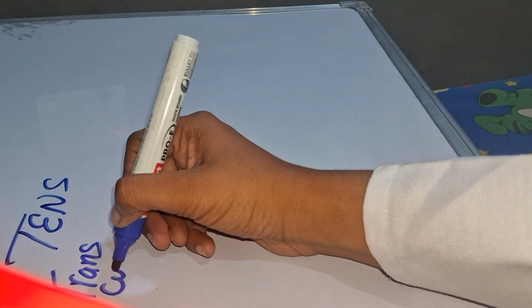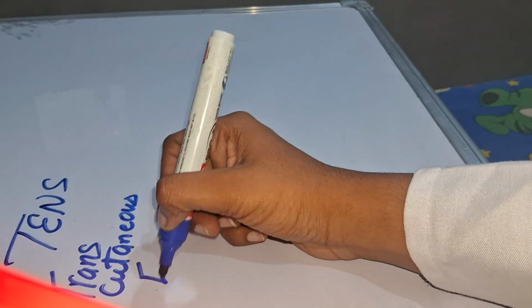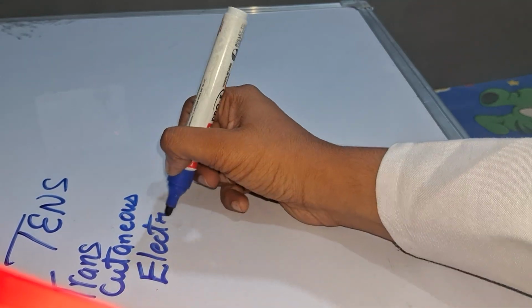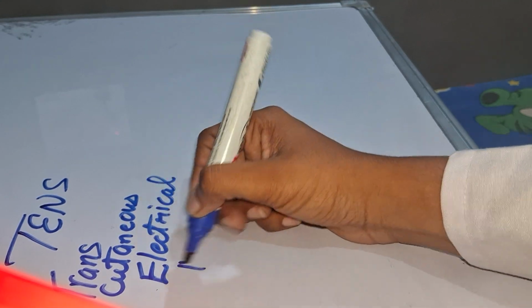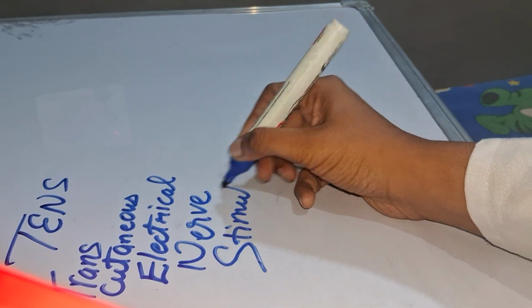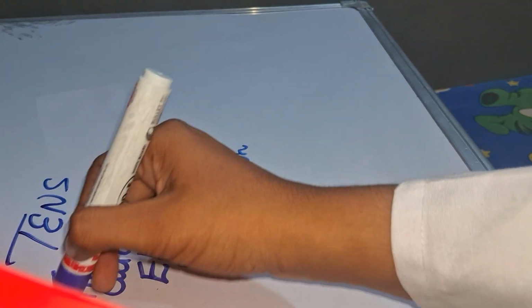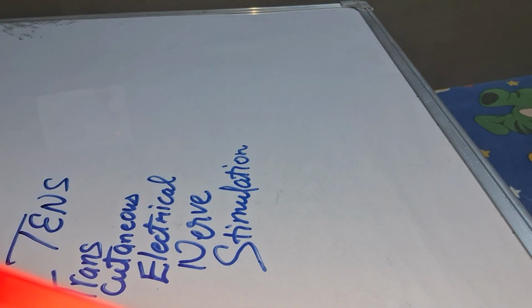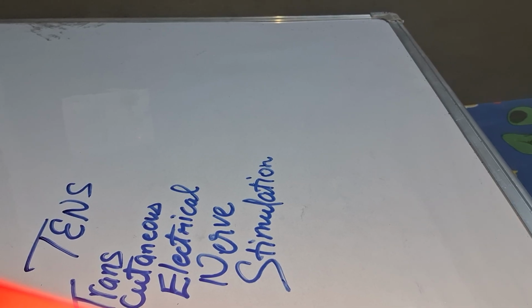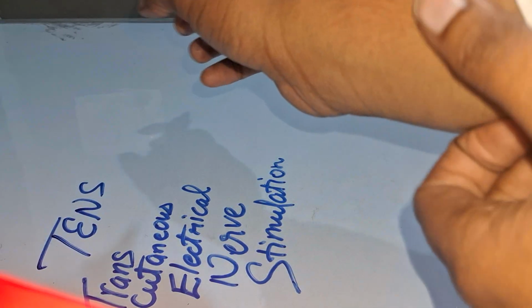TENS: transcutaneous electrical nerve stimulation. This is our modality. Transcutaneous means through the cutis. Cutis is our skin.